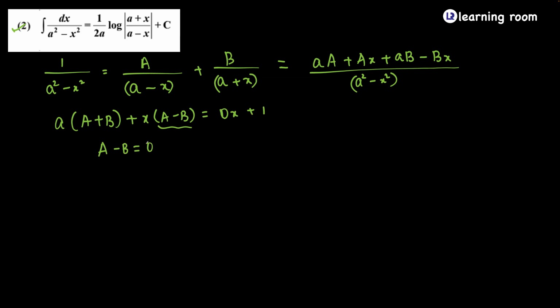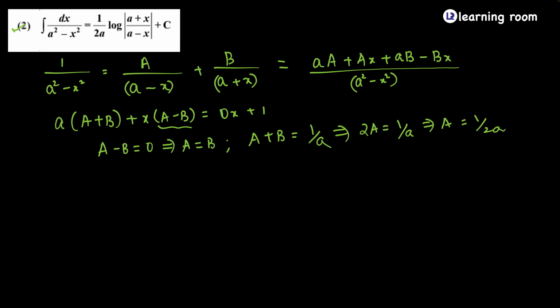A minus B is 0, which implies A is equal to B, and A plus B is equal to 1 by a, because a into A plus B is 1. So A plus B is equal to 1 by a, but A and B are the same. So what can you write? This implies 2 times A is equal to 1 by a, or capital A is equal to 1 divided by 2a. Make sense? So if A is 1 by 2a, B is also 1 by 2a, right?